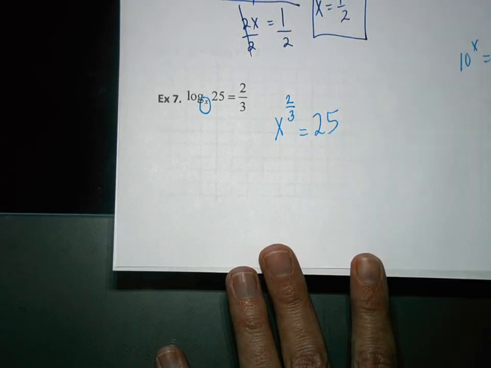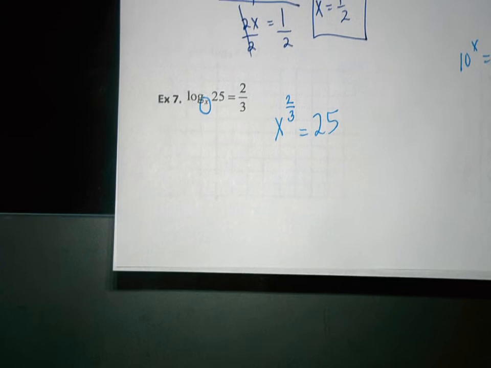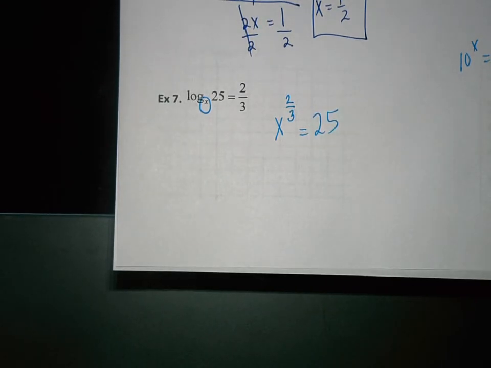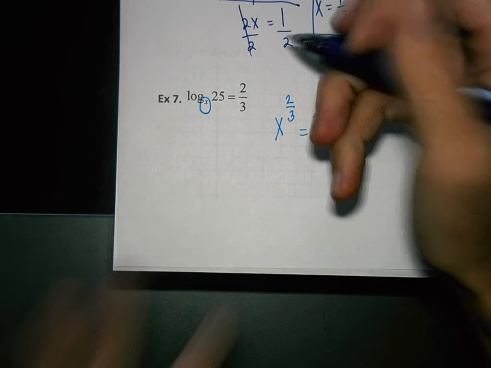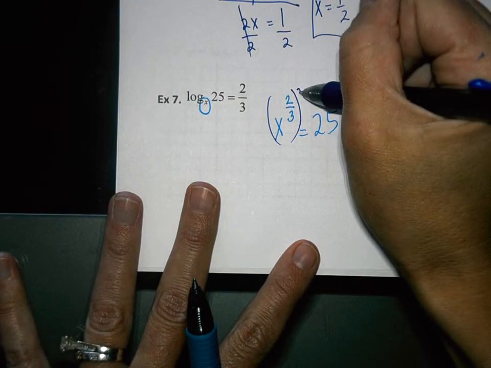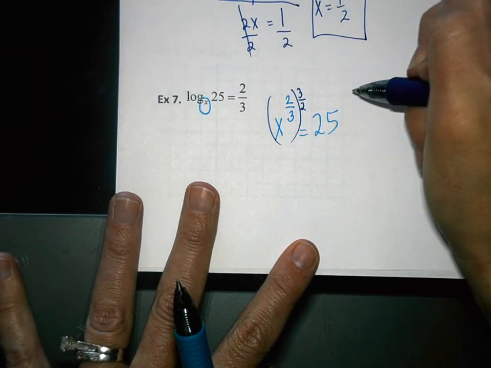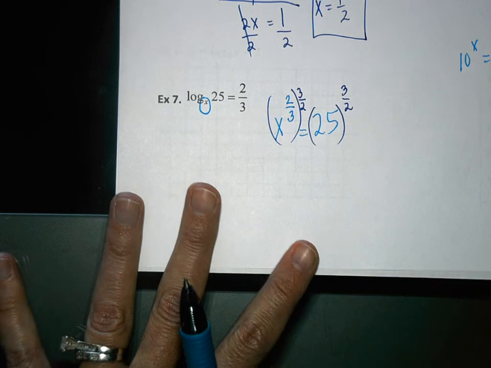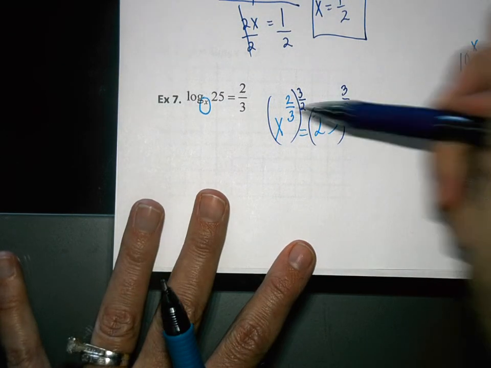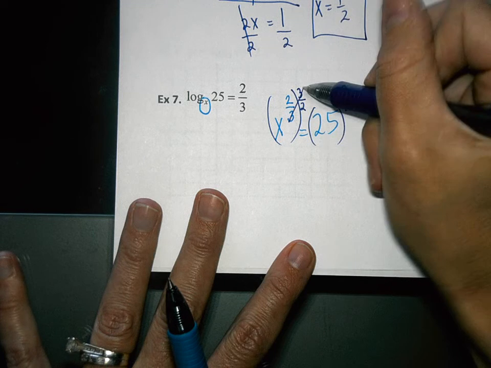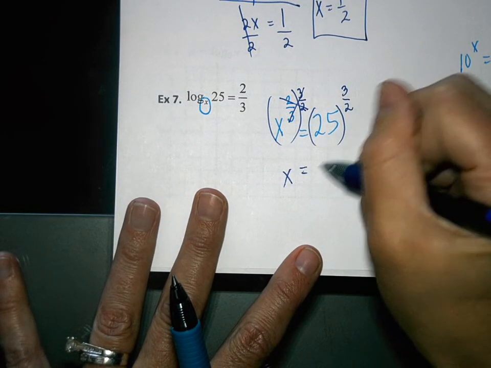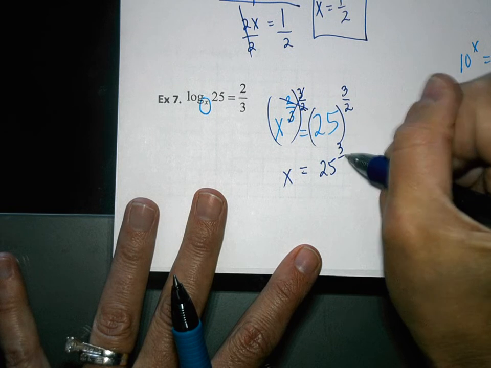Now, how do you get rid of a 2/3 power? Raise each side to the reciprocal power, which would be 3/2. Because what happens here? That cancels out. Those eliminate. x equals 25 to the 3/2. But could I simplify that?